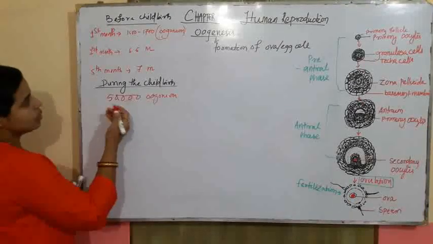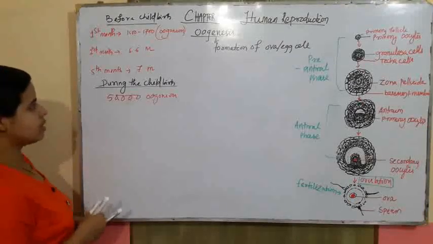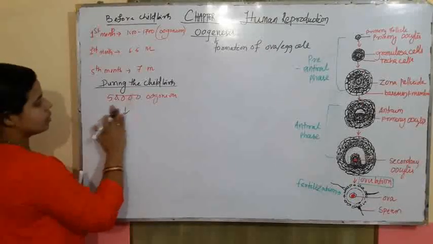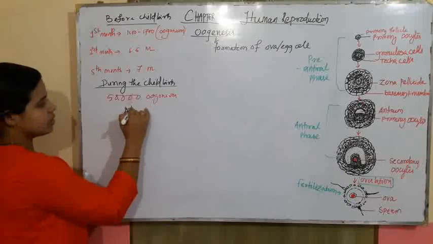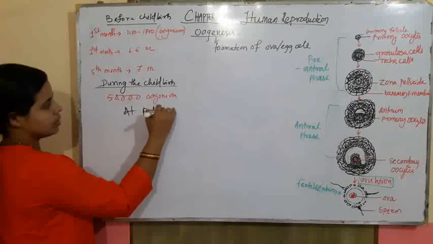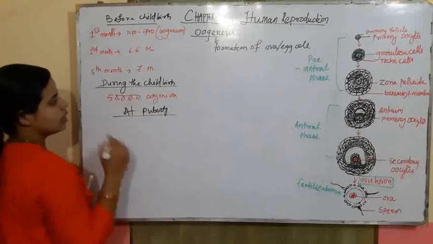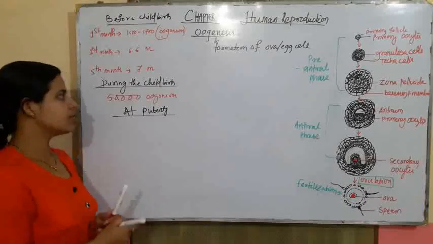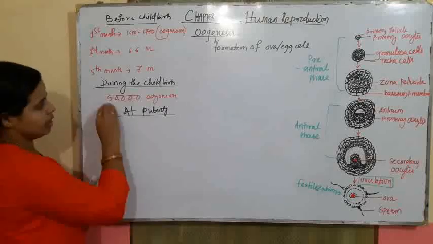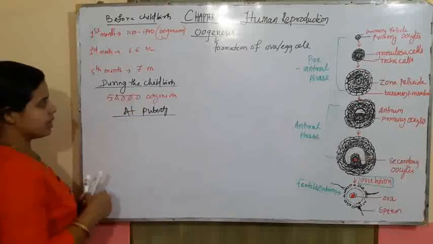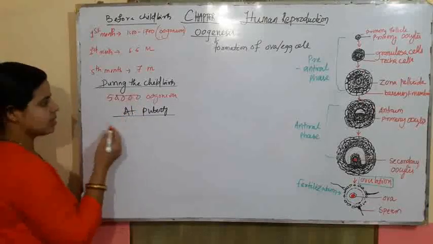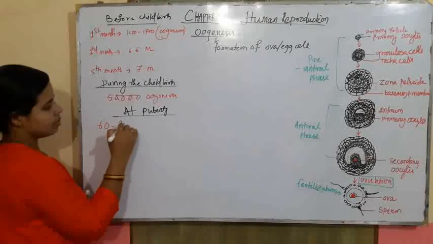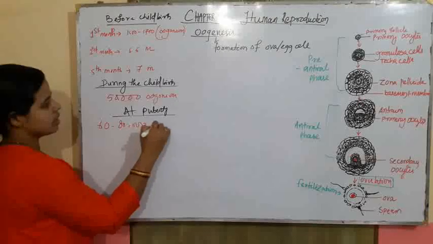After this, the child reaches puberty. At the puberty stage, it has only a few oogonium cells, and you can estimate this number at 60 to 80,000 cells at puberty.